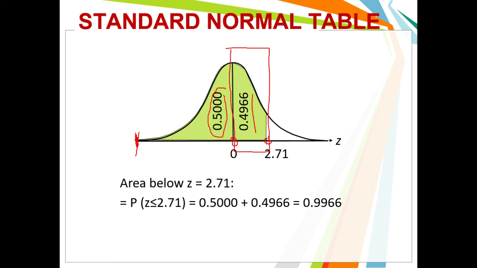Because this is the property of the curve. Ang half ng ating bell shape is 0.5. So ang magiging total cumulative area, that is the area below 2.71, is 0.5 plus 0.4966, or the total area is 0.9966. And that is almost equal to 1.